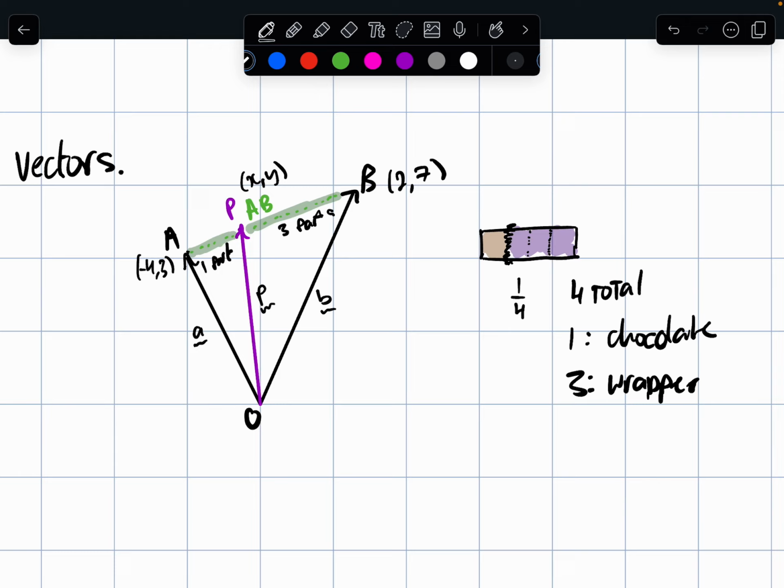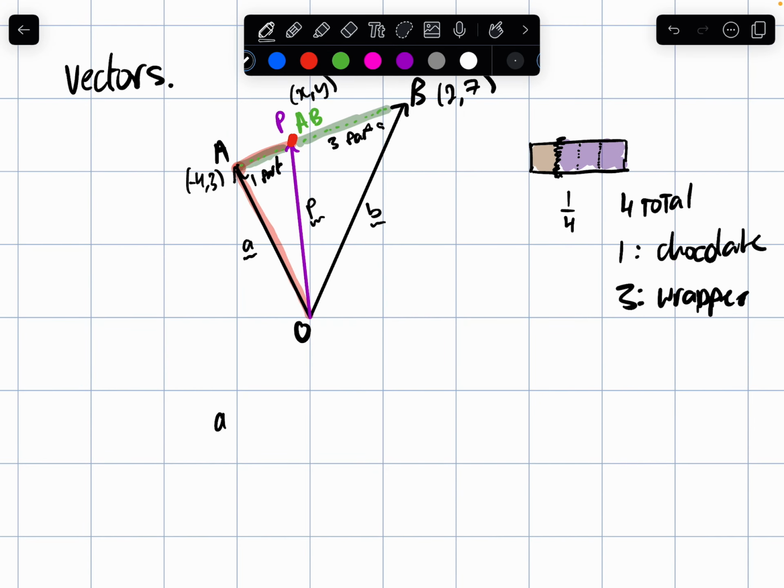So if we think about it logically, to get to the point P, we have to travel up A till we get to A, and then we have to travel across by 1 part to get to P, and then that will be our point that we want to end up on, right? Just right here. So let's write that out.